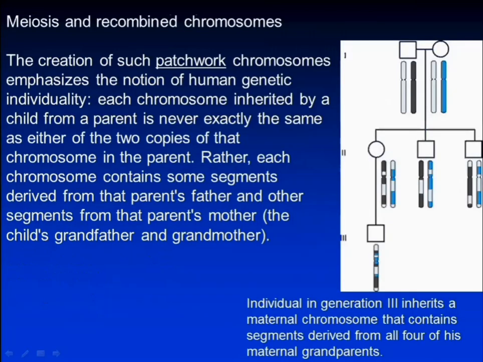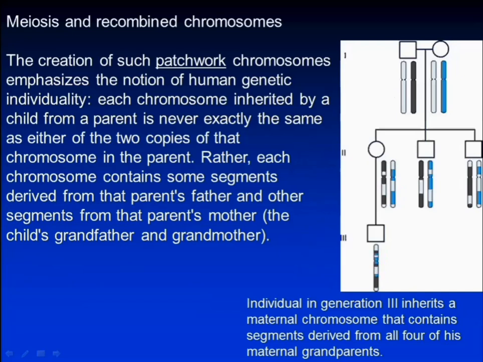Here is a pedigree. This man in generation 3 inherits a maternal chromosome that contains segments derived from all 4 chromosomes of his maternal grandparents.